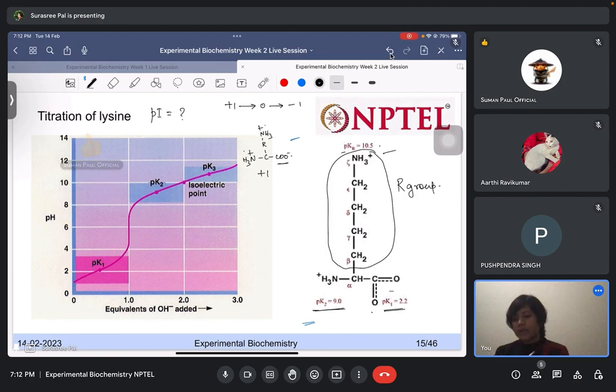All right. Now the next pK value is pK 9. So at pH greater than 9, the alpha amino group is going to lose its proton. So when we increase the pH, what happens? The alpha amino group is going to lose its proton. So it is going to be like this.